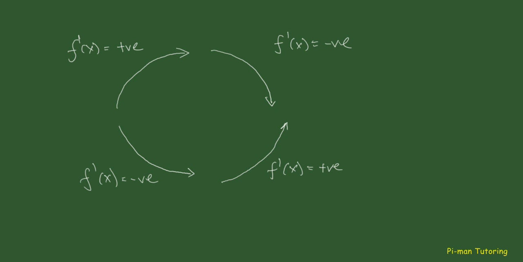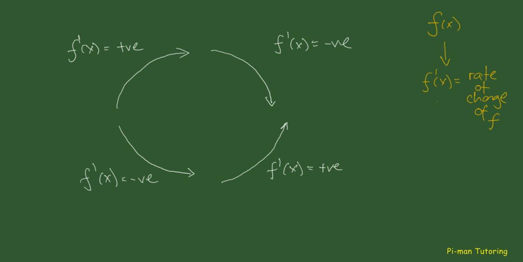So here we introduce the concept of the second derivative. The first derivative gives you the rate of change of the function itself. So we have the function, we produce the derivative, and that is equal to the rate of change of the function.